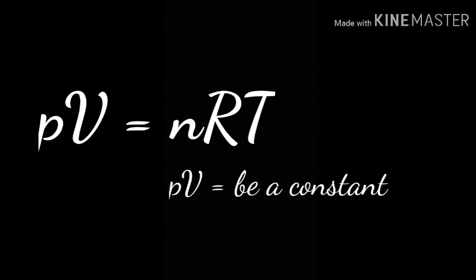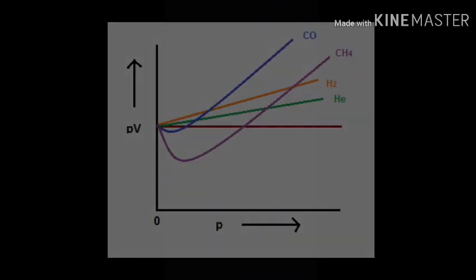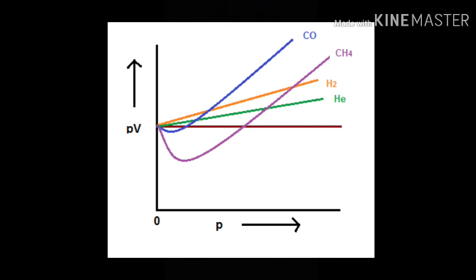But the case is not so. At a temperature of 273 Kelvin, the data for several gases is shown in the graph. From the graph plotted in the figure, we can easily conclude that despite the constant temperature, real gases do not show behavior as predicted by Boyle's law.